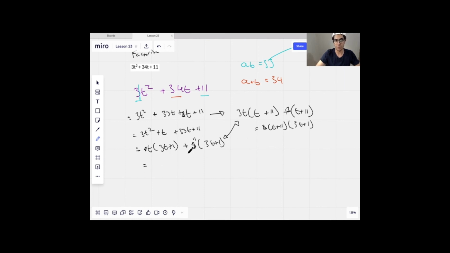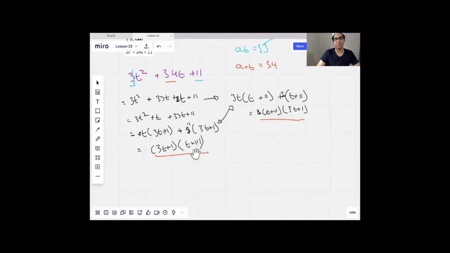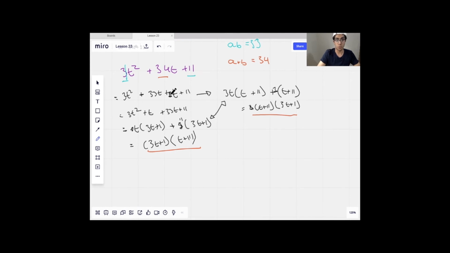And same thing here, you have 3t plus 1 and then t plus 11. You can see this one here does equal that. So sometimes both ways will work out, and life's a bit easier that way. Especially when there's a 1 here, just celebrate.